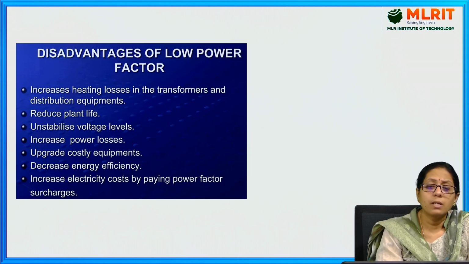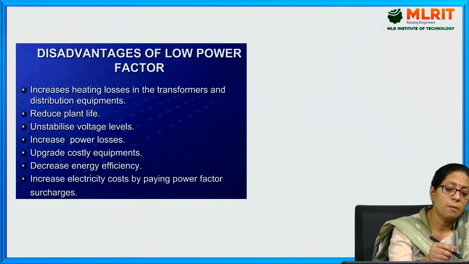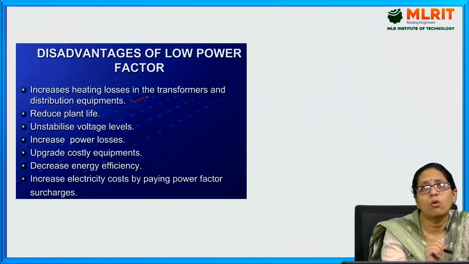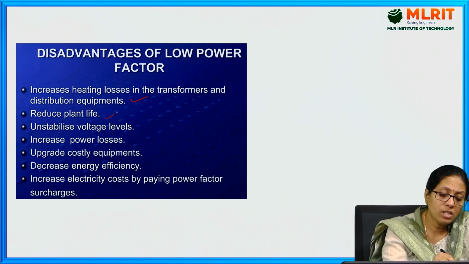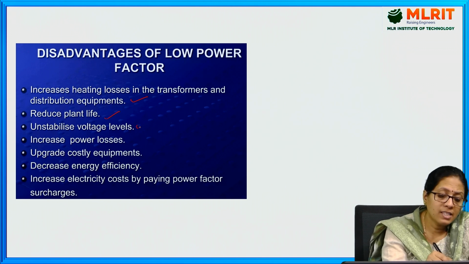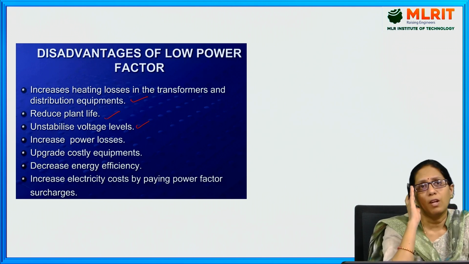What are the disadvantages of low power factor? Previously we have seen the advantages. Now these are the disadvantages of low power factor. It increases the heating losses in the transformer. It reduces the plant lifespan and it destabilizes the voltage levels. The voltage levels will be fluctuating.